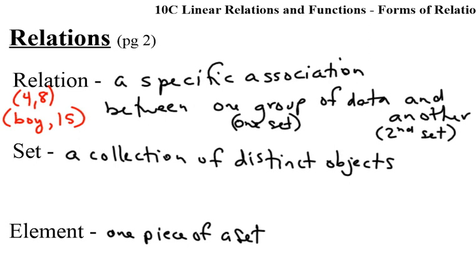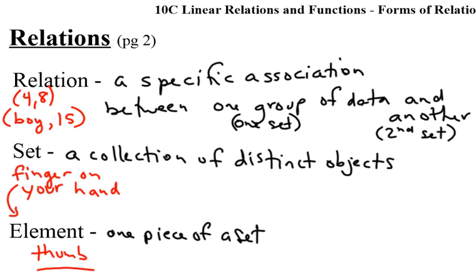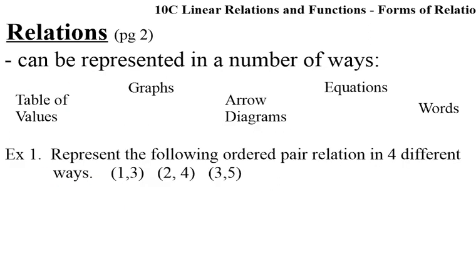A set could be the fingers on your hand. That's a set of distinct objects. And an element within that would be your thumb, because your thumb is one piece from the set of fingers on your hand. So we're going to use this terminology, taking elements, creating sets, and then seeing the relation between one set and another.